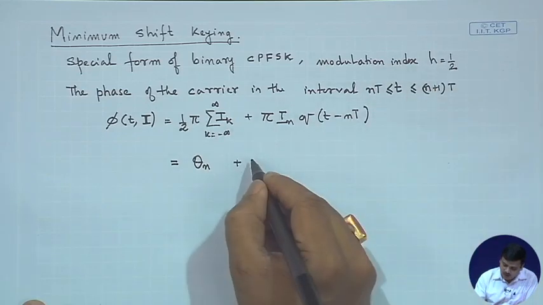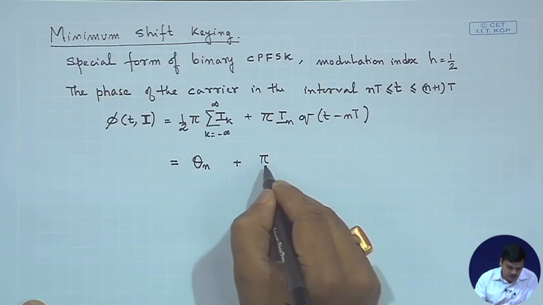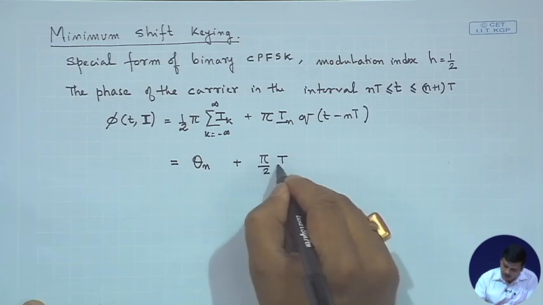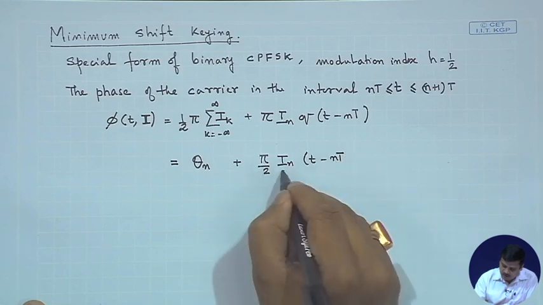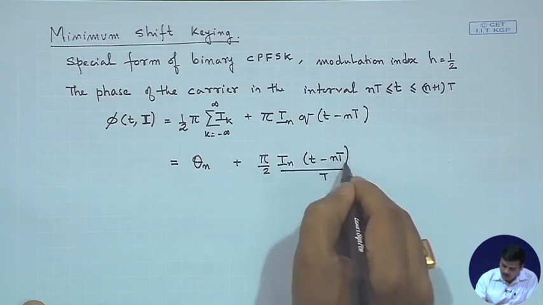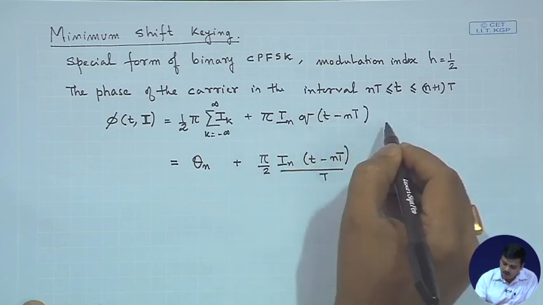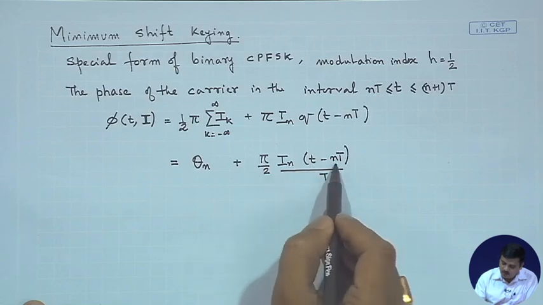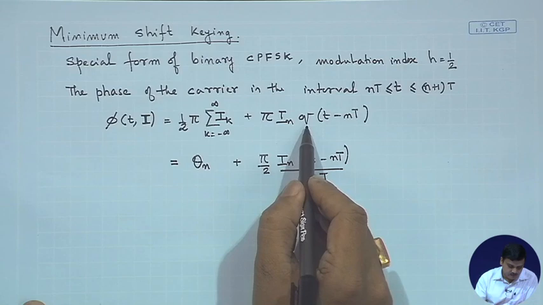So, that would work out to this expression, and then you have the remaining term as pi upon 2 I n times (t minus n T) upon T, because you would remember q of t was t by 2T in this interval. So, this you could easily convert to (t minus n T) upon 2T. So, this 2T comes from q of t.